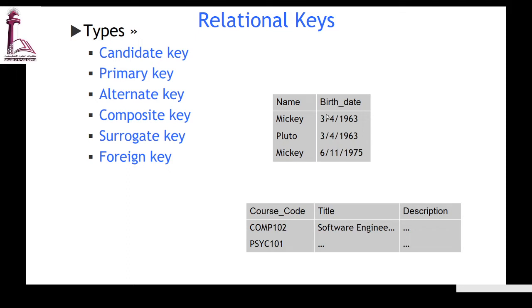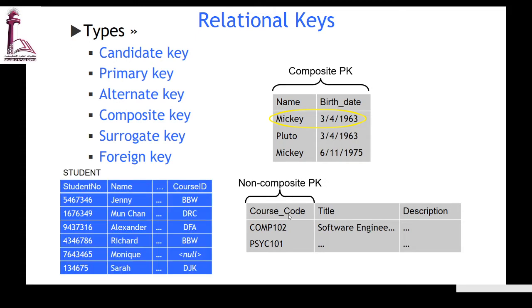So if you combine these 2 columns, then it can be treated as a primary key. When you combine 2 columns and treat them as a primary key, it is called a composite primary key. And here we are not combining anything, so this is called a non-composite primary key.